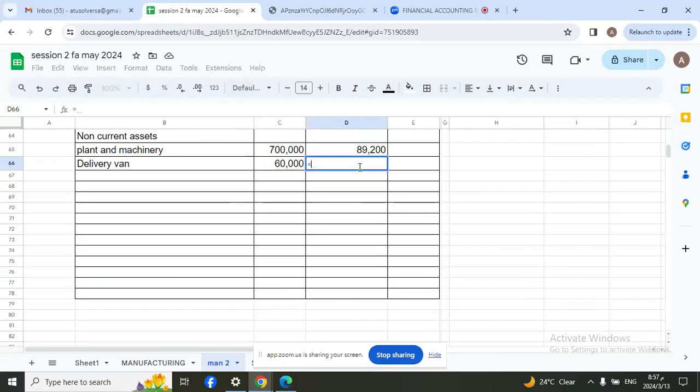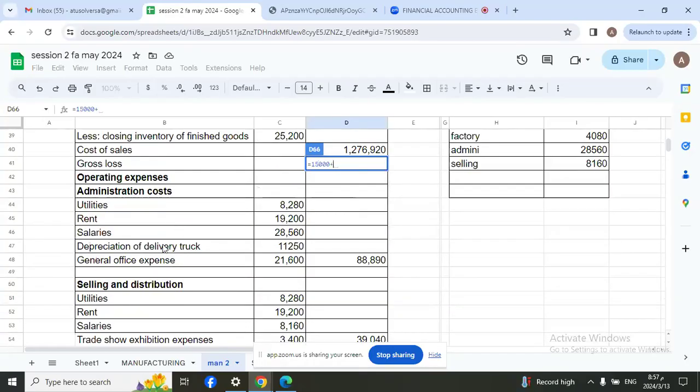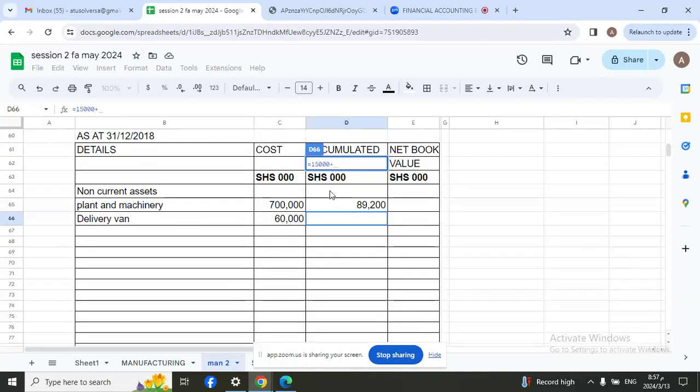We go to delivery van accumulated depreciation. It was equals to 15,000 plus the depreciation for delivery van, which is 11,250. I come here, I say 11,250.